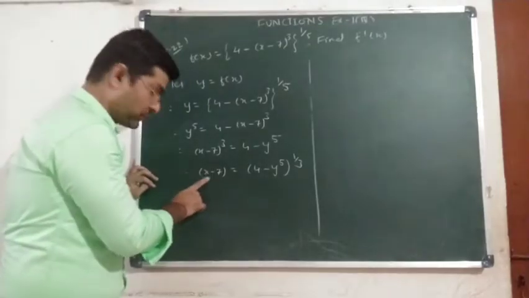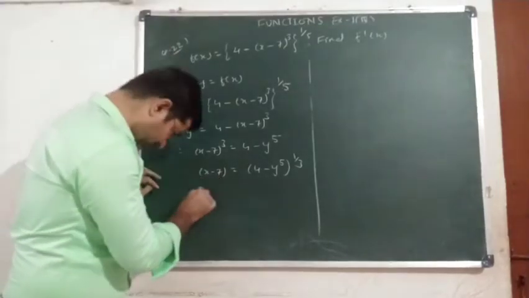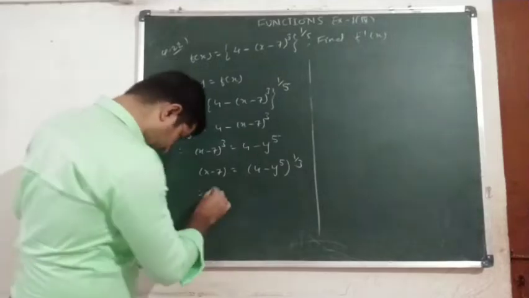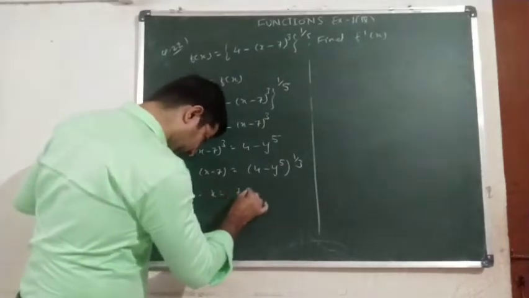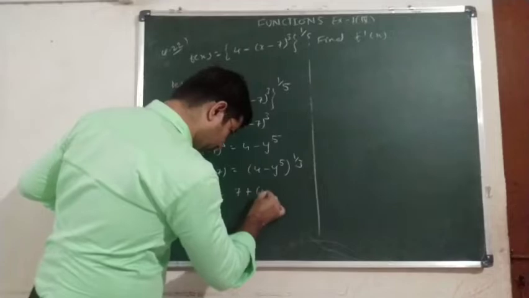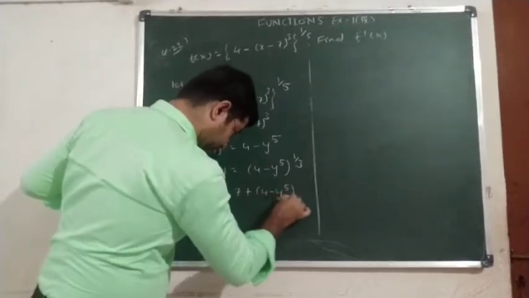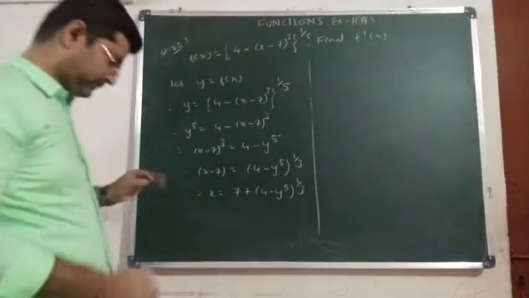Finally, in order to make x the subject, we will remove this 7, that is transpose. Therefore, x is equal to 7 plus 4 minus y raised to 5 whole raised to 1 by 3.